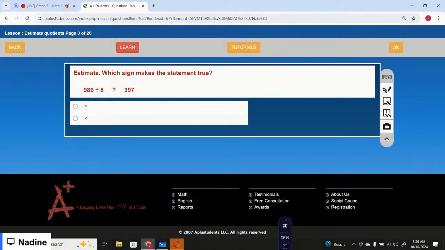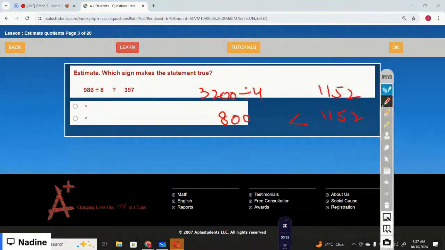So which is the correct option? 986 is estimated to 800.